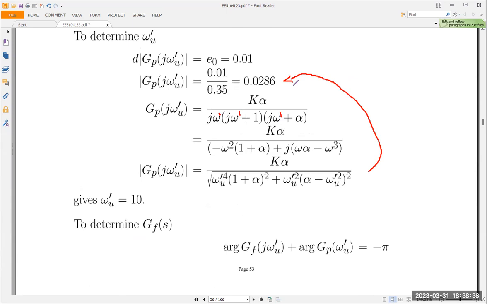Okay. So how to make the plant operate at this frequency of oscillation? The trick is now stick in a lead compensator. Means what?